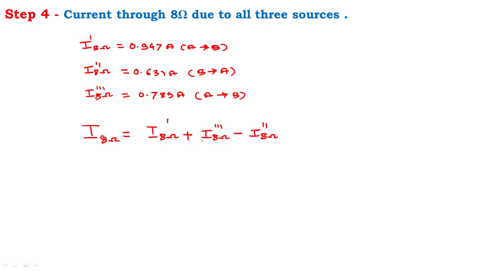Now since it is from B to A, I have to subtract. So your value is 0.947 plus 0.789 minus 0.631. So this value comes out to be 1.105 ampere, and the effective direction is A to B.